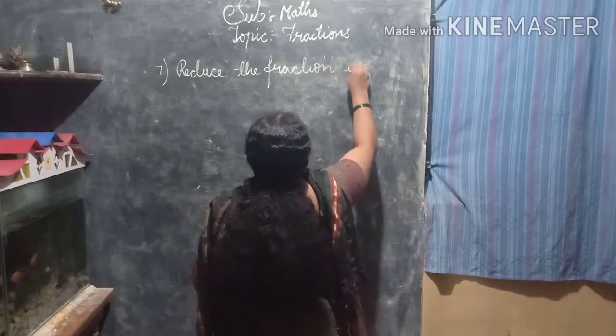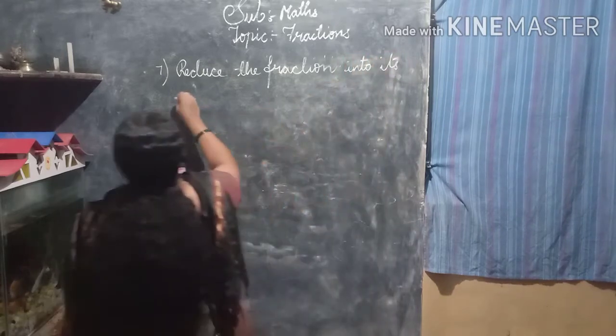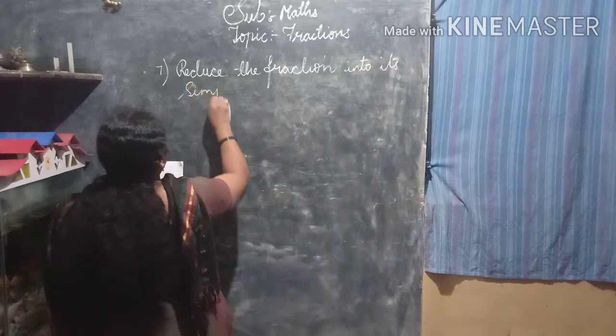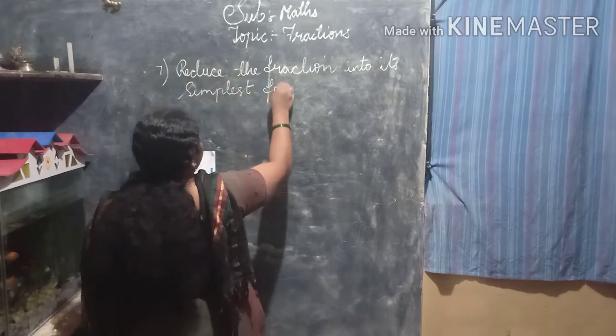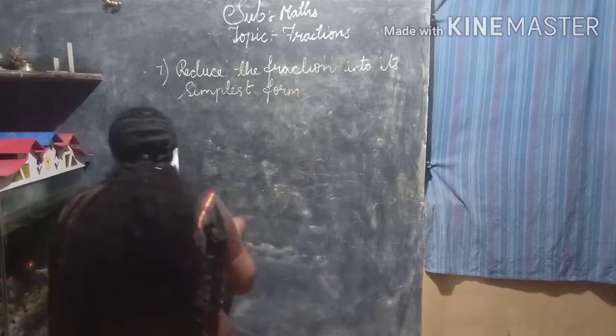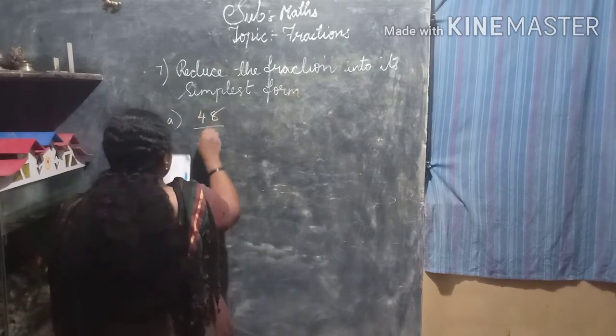Reduce the fraction into its simplest form. So first one, A, it is 48 by 60.